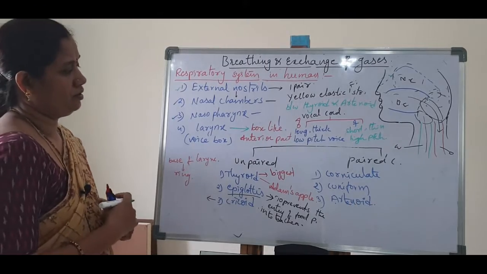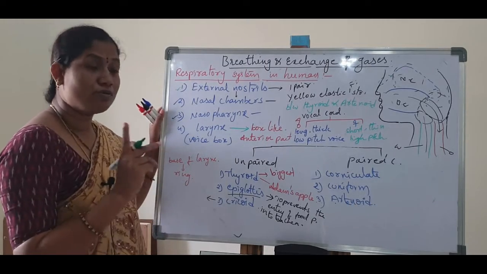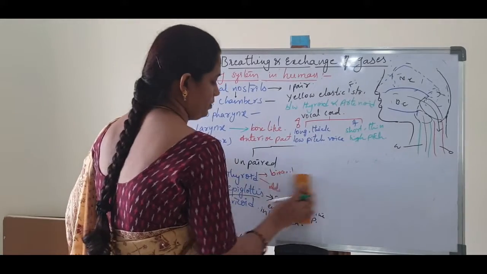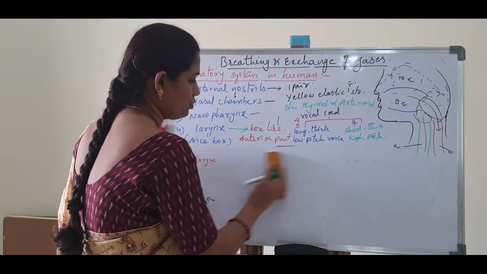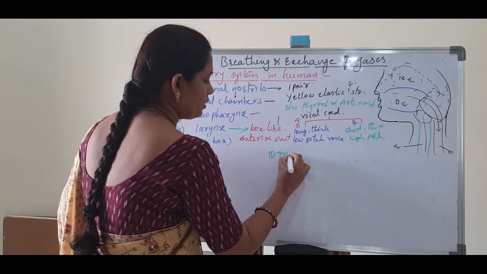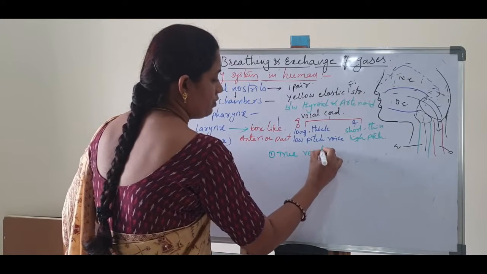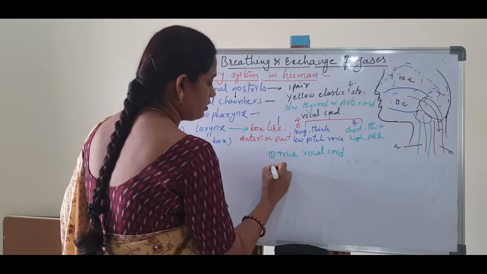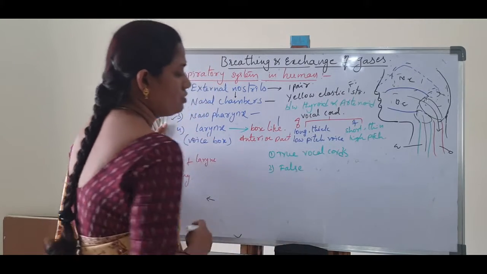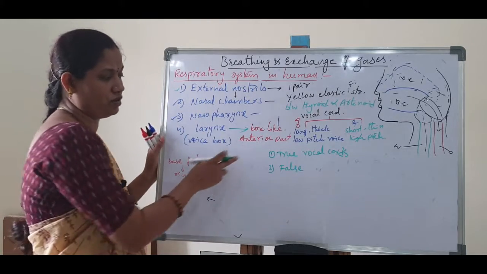Next, in human beings, two types of vocal cords are present: true vocal cords and false vocal cords.